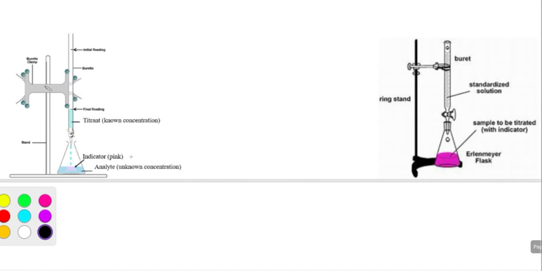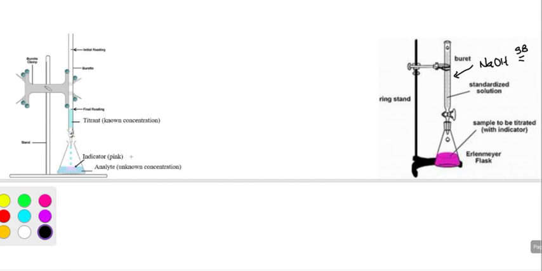All right, now we're going to talk about in lecture this week why we chose phenolphthalein. It depends on the nature of the type of acid and the type of base that we're reacting. And from what we talked about last week, you know that we're reacting a strong base. NaOH is a strong base. So I'm going to put SB here for strong base.